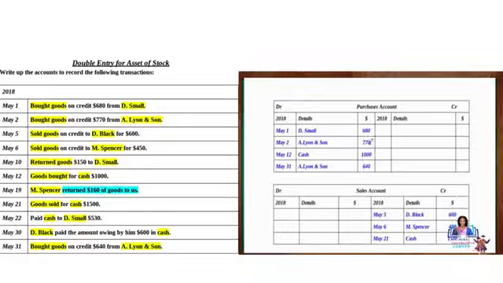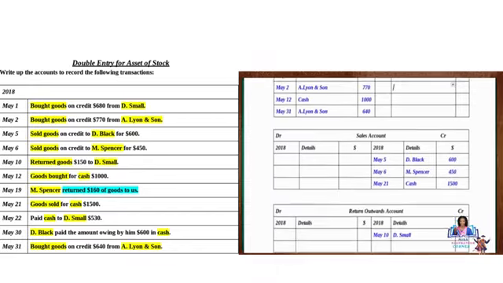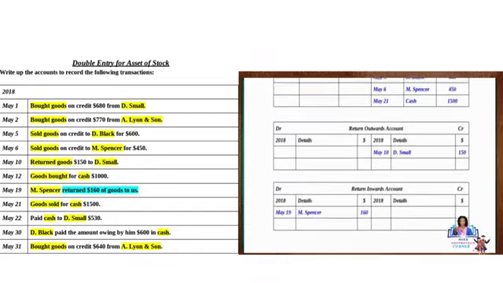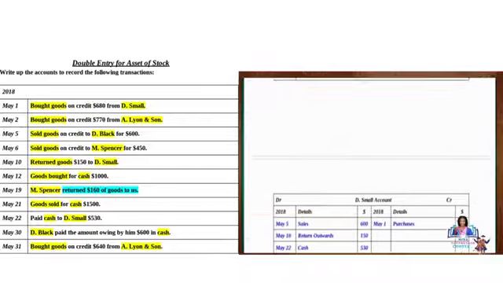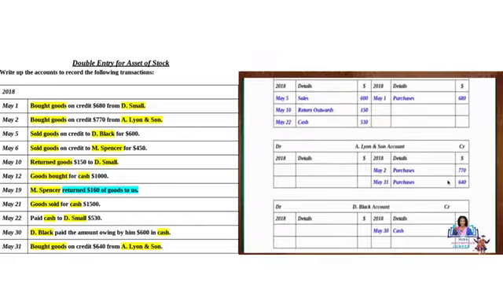Under the purchases account, May 2, A. Lennon and Son, $770. We're going to go down to A. Lennon and Son, and it should reflect that a purchase was made on May 2. So A. Lennon and Son, purchases of $770 on May 2.